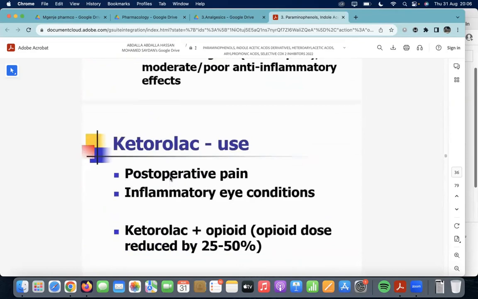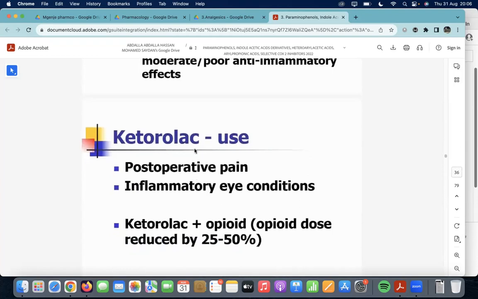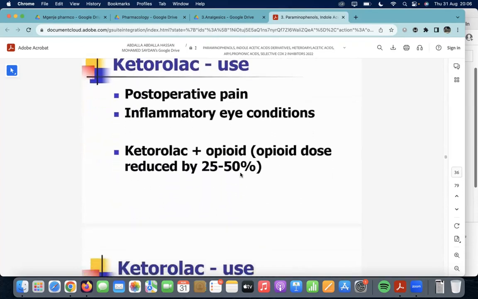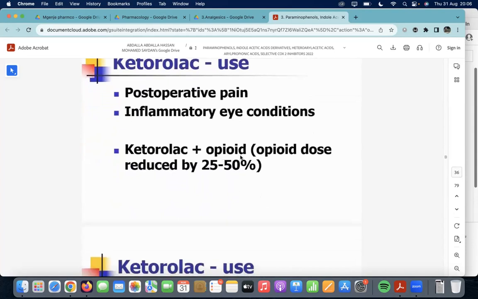Postoperative pain is severe pain, like maybe someone has gone through an amputation or something, which requires ketorolac to be given. Because ketorolac is very potent, it's used for those extreme cases of pain. Ketorolac can also be used with opioids, which reduces the opioid dose. Remember, opioids are analgesic, so the combination will reduce pain.